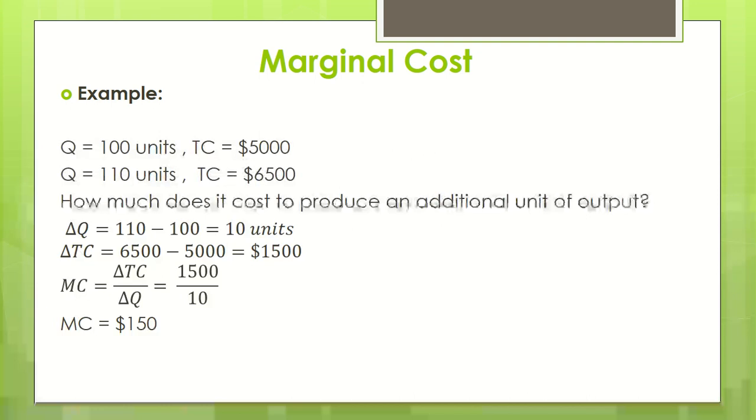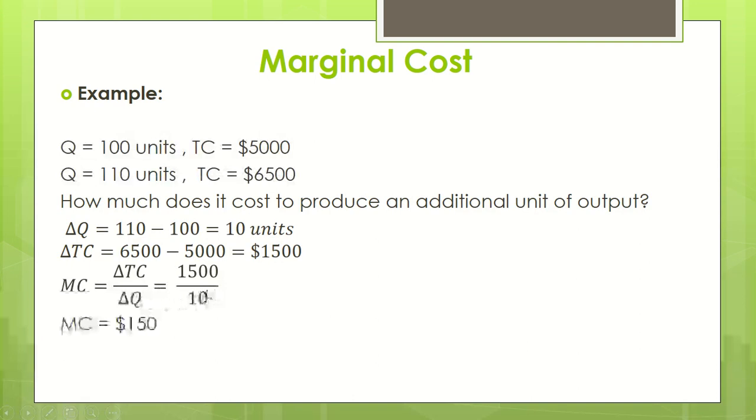So now what is the marginal cost in this case? As we have learned the formula for calculating the marginal cost, MC is equal to delta TC divided by delta Q. That means change in total cost divided by change in quantity. So here change in total cost is equal to 1500 as we have calculated, and change in Q is 10 units.